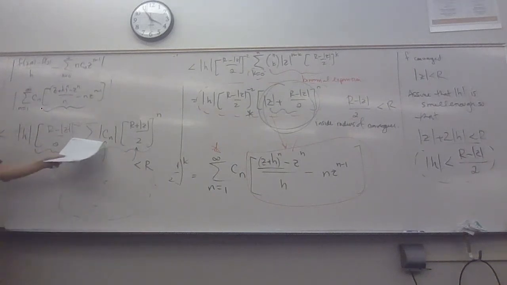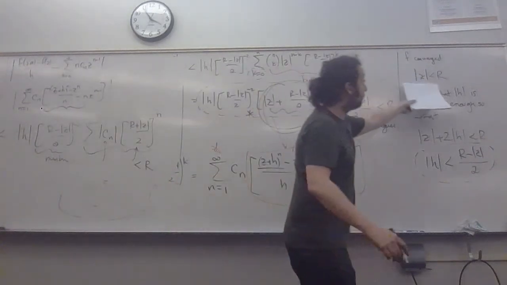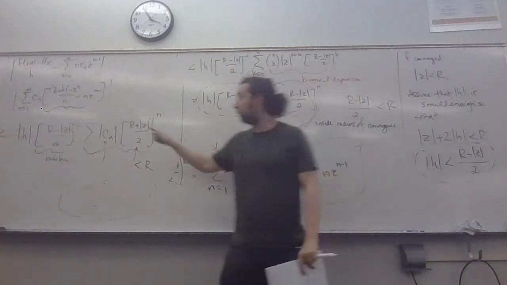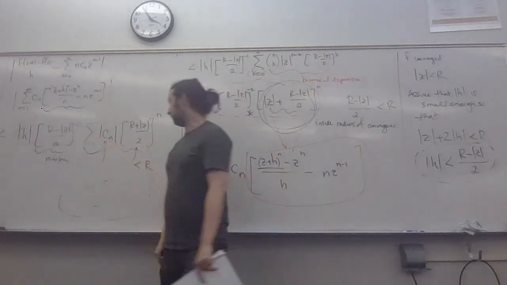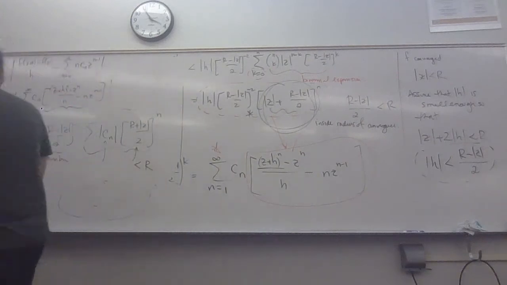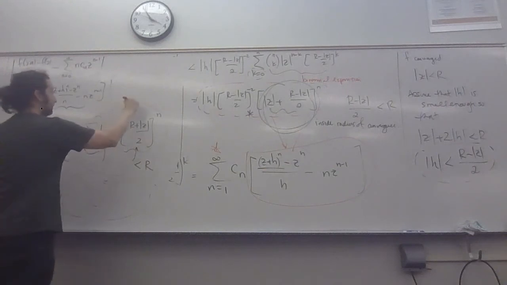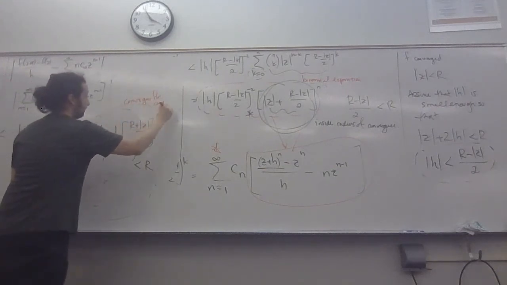That's what the original assumption was about. F converged when the modulus of z is less than r, but by the root test, the coefficients are what dictate what the series does. So the conclusion is, here's a number, and this thing converges for any z with modulus less than r.